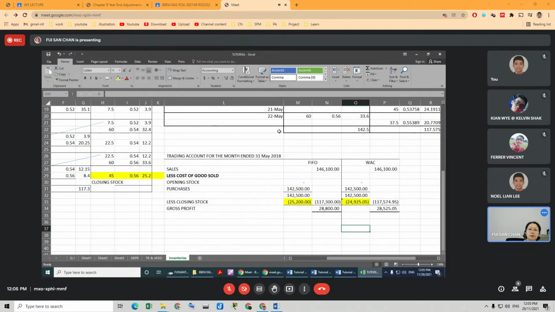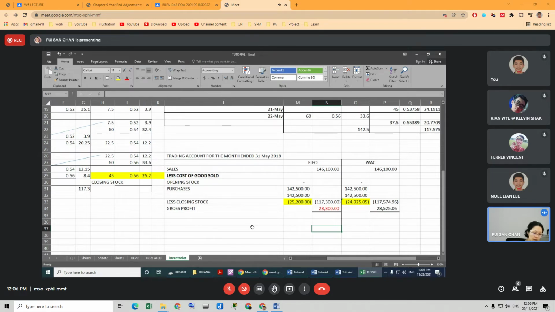Okay, right? So like this. And then part C. So this is part A and B done already, and you found your answer. The answer is first in, first out will give you a higher gross profit. So basically, first in, first out will have a higher closing stock, and higher closing stock will bring a higher profit, right?